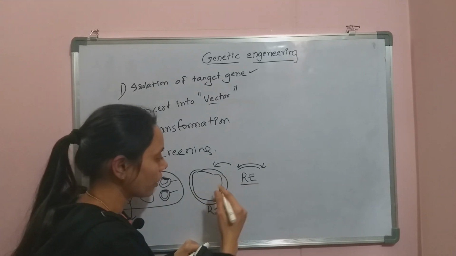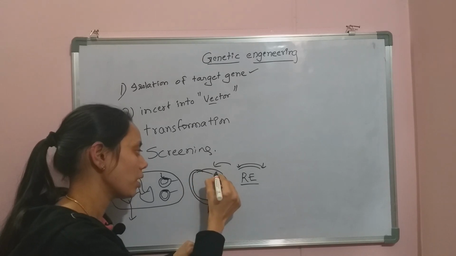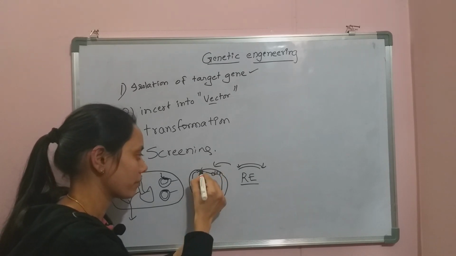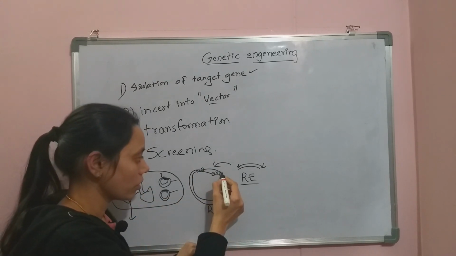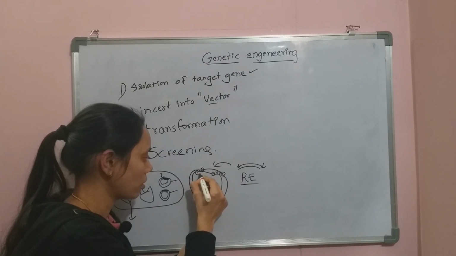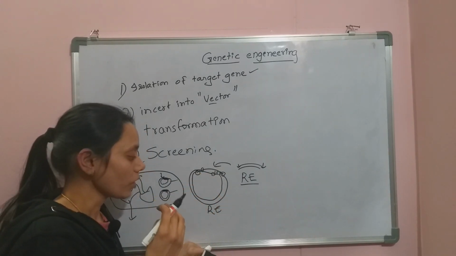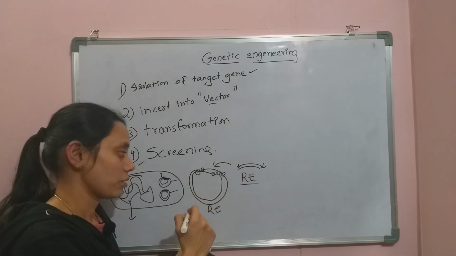So here, even though due to the complementary nature of these overhangs they may be attached with each other, there will be nicks, that means one nucleotide gaps, that can be seen between the target DNA and the vector molecule.